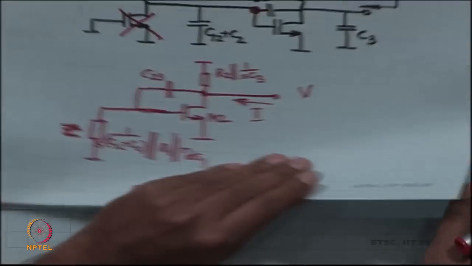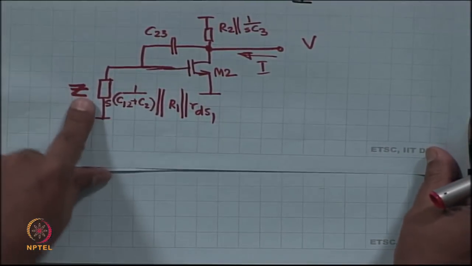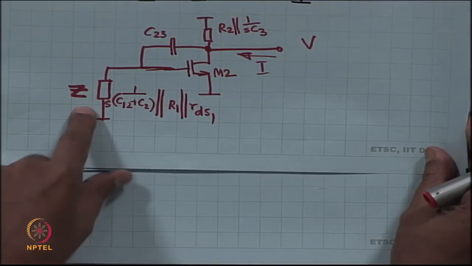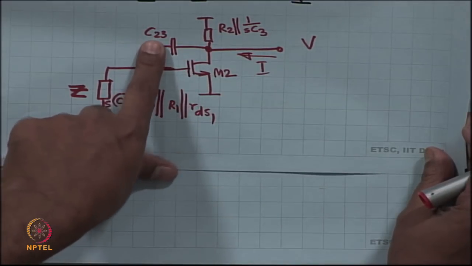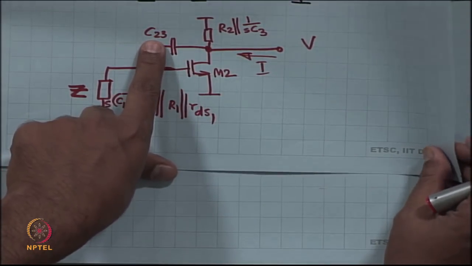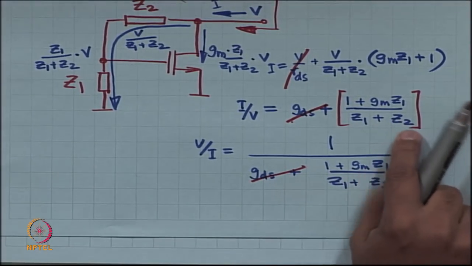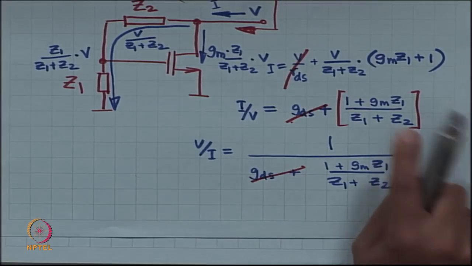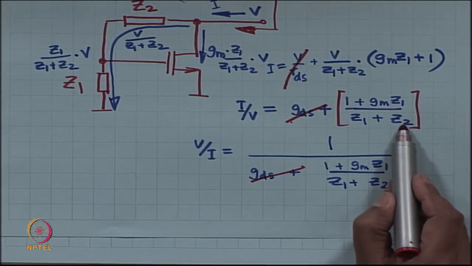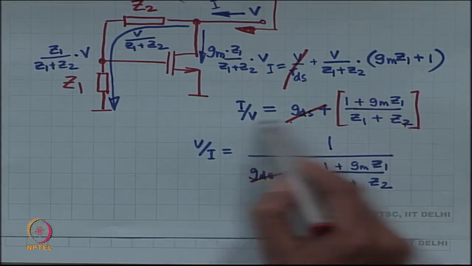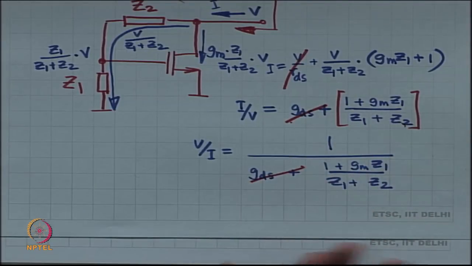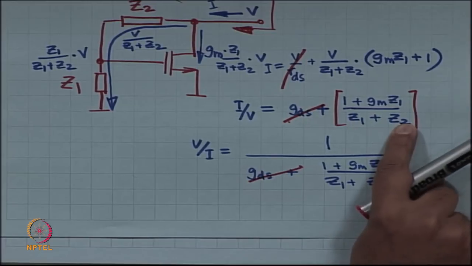In our specific case, Z1 is this complicated quantity, Z2 is 1 by SC23. Look at a situation where Z2 is infinity, just test it out. If Z2 is infinity, this output conductance boils down to 0, that is the MOSFET does not respond if Z2 happens to be open circuit.